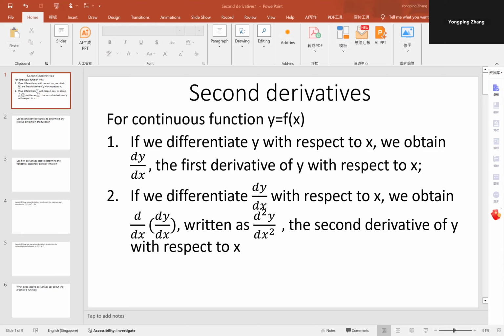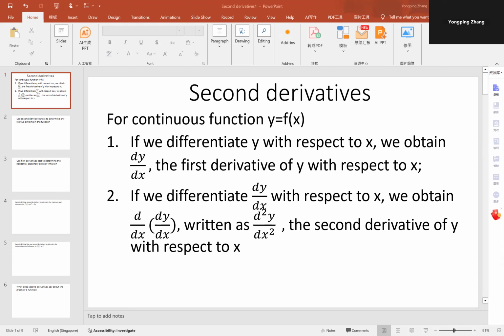Today's topic is the second derivative. For the continuous function y equals f(x), we differentiate y with respect to x.